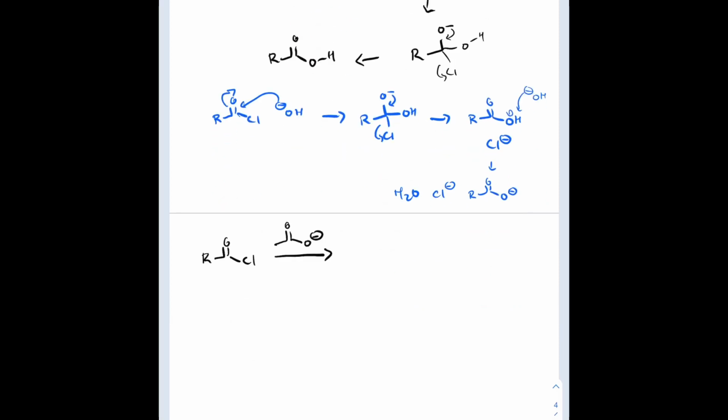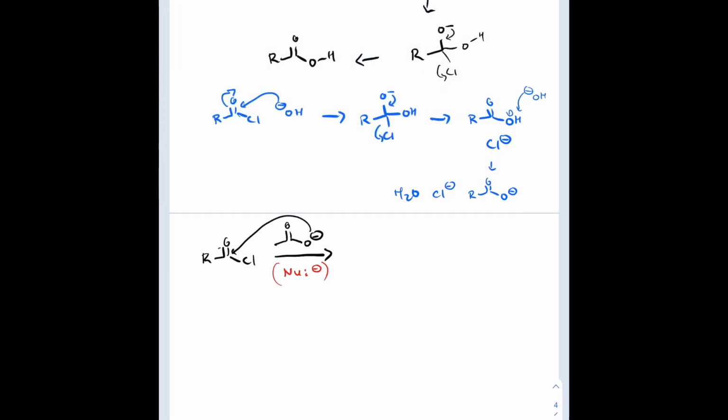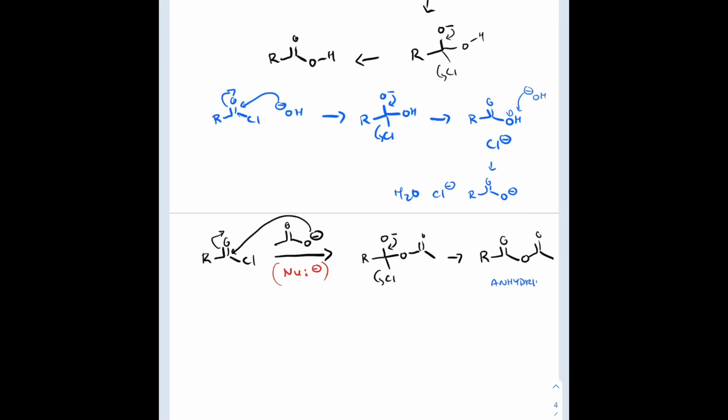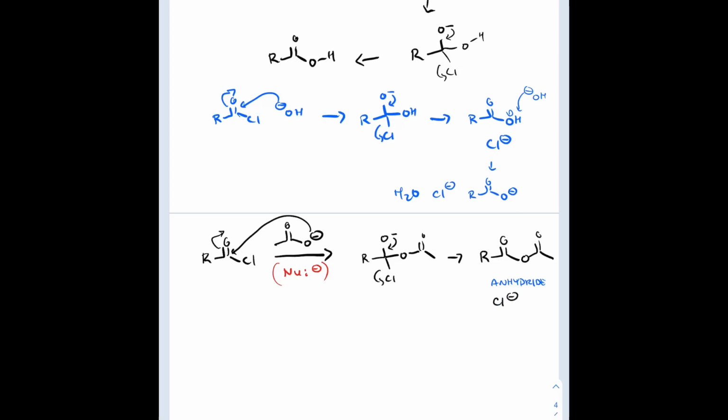So let's say we had an acid chloride as well as a carboxylate. What happens now is this is equivalent to a negatively charged nucleophile, so it attacks that carbonyl, kicks back down the pi electrons, kicking off the chloride, and what we end up with is an anhydride. So this is one method to make an anhydride.